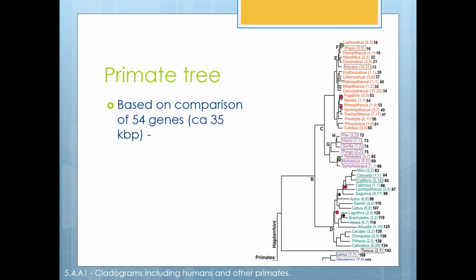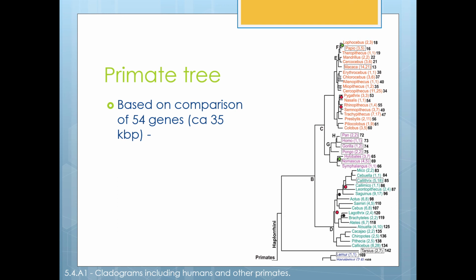This tree is based on comparison of 54 genes overall of the length of 35,000 base pairs, so quite a lot of DNA. Numbers of differences were used to compare them and group them into smaller and bigger clades.